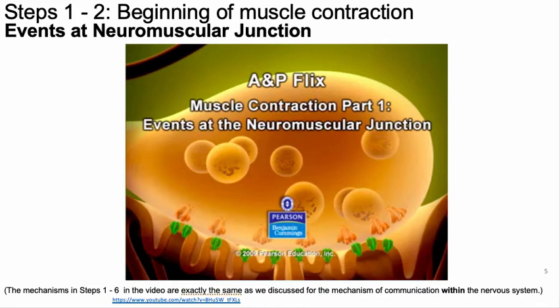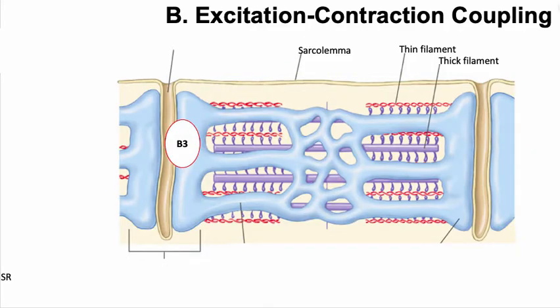Okay, so onward to step 2, which I've also called V here. So excitation contraction coupling. What we're looking at here is a lengthwise section through part of a muscle fiber.